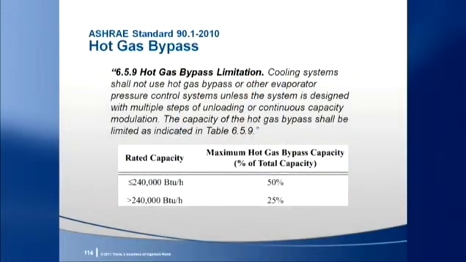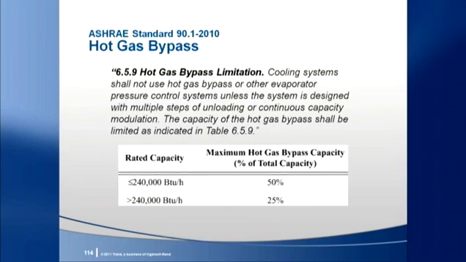Hot gas bypass can prevent coil icing and is a means by which the refrigeration capacity of a system can be reduced to better match the load. ASHRAE 90.1 allows hot gas bypass to be used, but only in a limited amount. During hot gas bypass operation, the compressor must be loaded at a higher level of compression than the resultant refrigeration effect.